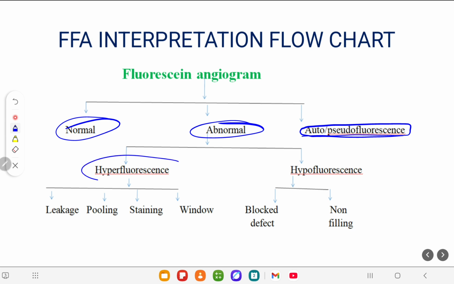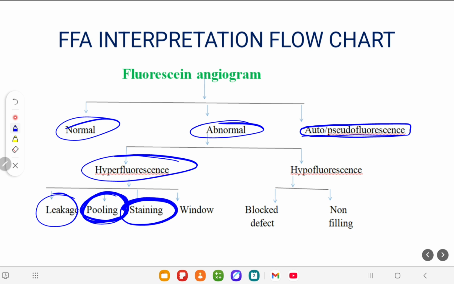Basically, in hyperfluorescence, where a lot of fluorescence is there, it can be due to leakage. What do you mean by leakage? It simply means the outer blood retinal barrier or inner blood retinal barrier is broken. Pooling means in one particular area there is pooling of the fluorescence.